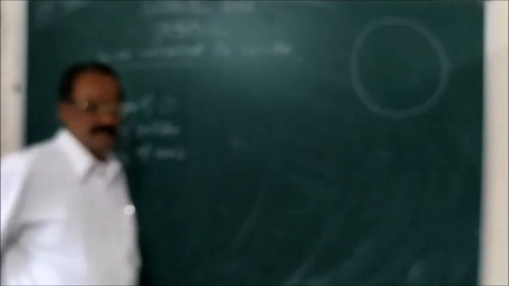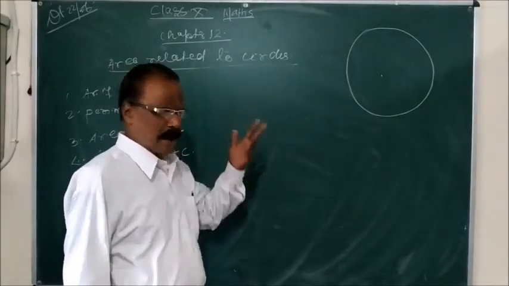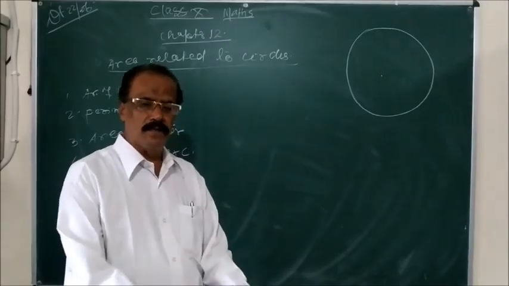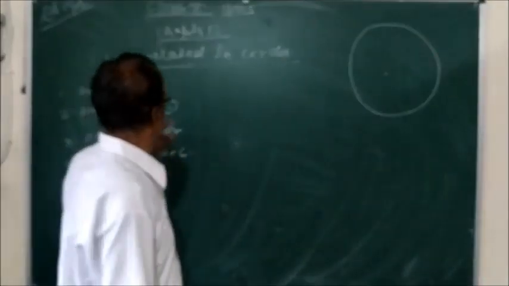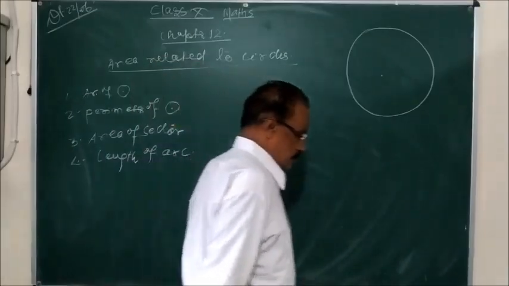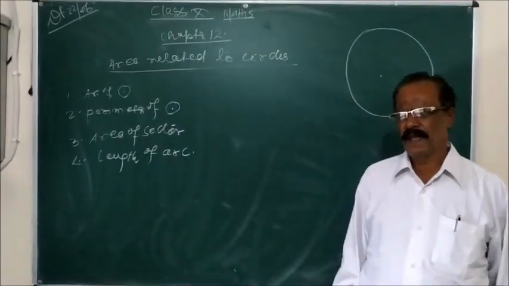Yesterday we had Sunday. On Saturday, I explained chapter 10, circle. Now chapter 11 is the construction, so we will explain that later on. Now we have come to chapter 12. Chapter 12 is a part of the mensuration.